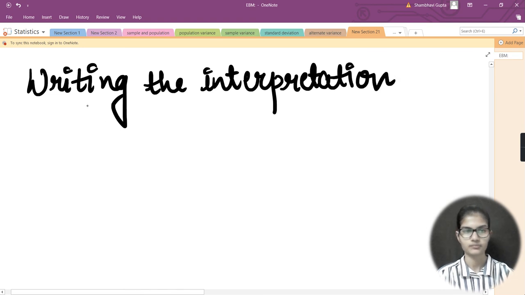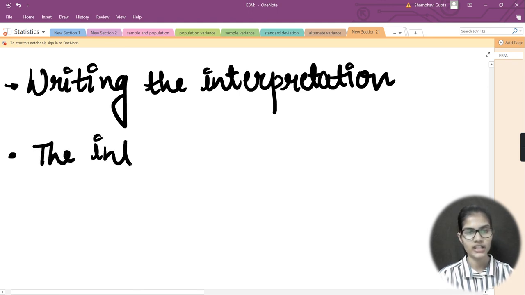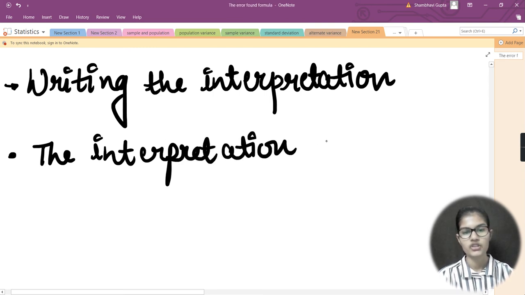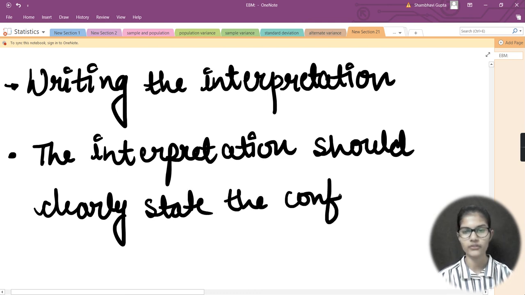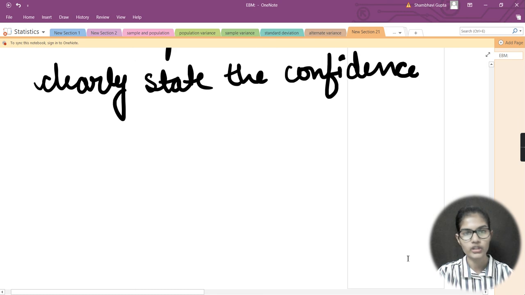Here I'm listing some things, so make sure you have a note of them. The first thing you should keep in mind is that the interpretation you write should clearly state the confidence level.